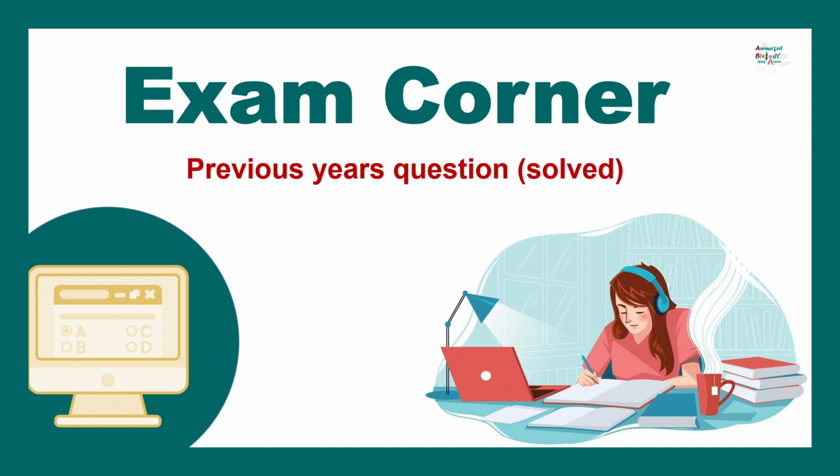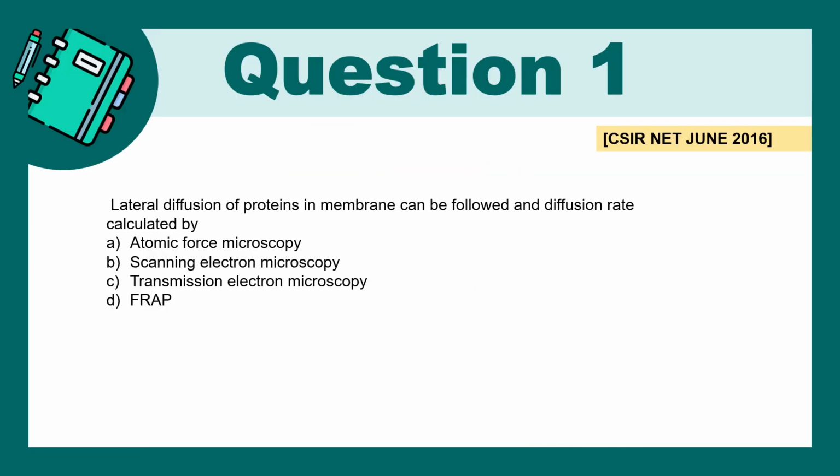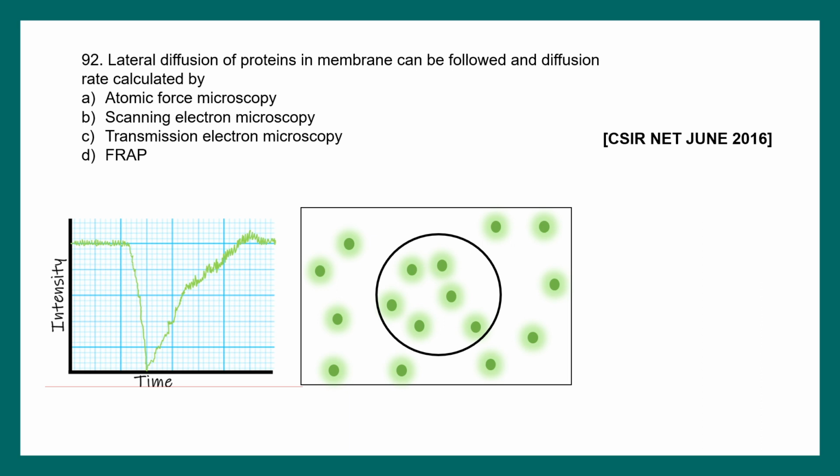Now let's look at the exam corner to understand the previous year questions. In CSIR NET June 2016, they asked a question that lateral diffusion of protein in membranes can be followed and diffusion rate can be calculated by atomic force microscopy, scanning electron microscopy, transmission electron microscopy, or FRAP. If you learn the principle of FRAP properly, you can clearly understand this problem can be solved by FRAP.